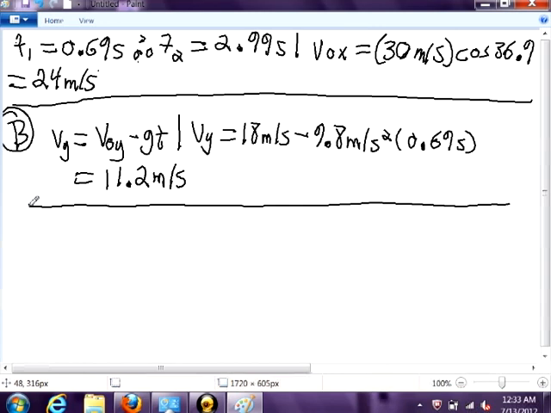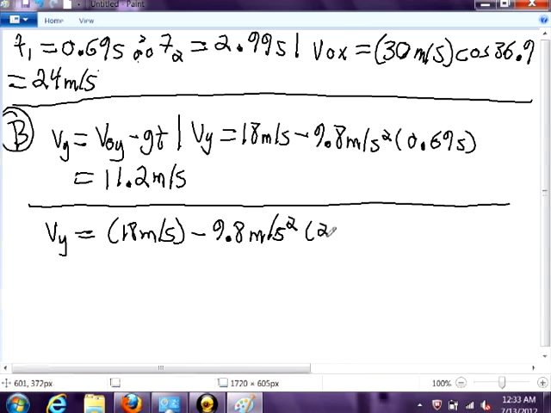It's the same thing, except we just substitute 2.99. Vy is equal to 18 meters per second minus 9.8 meters per second squared, times 2.99 seconds.